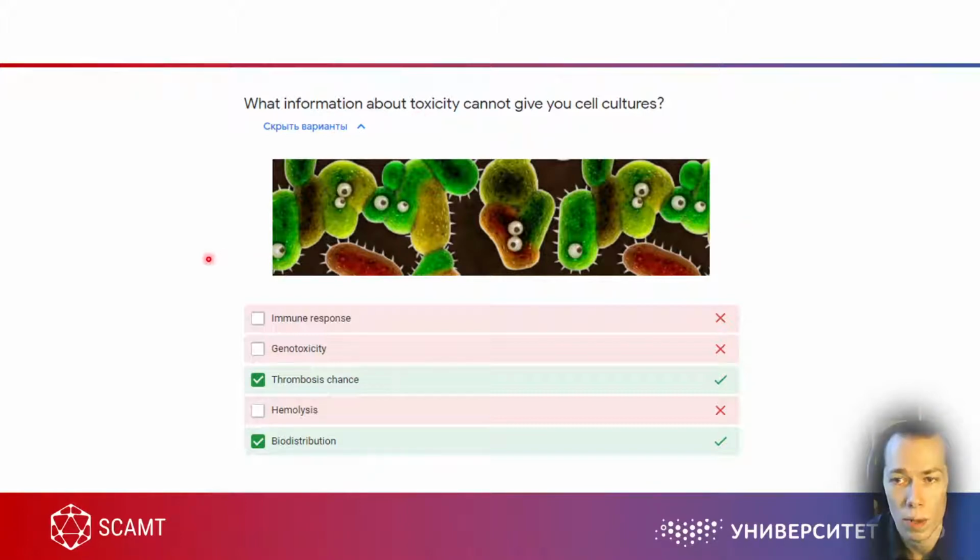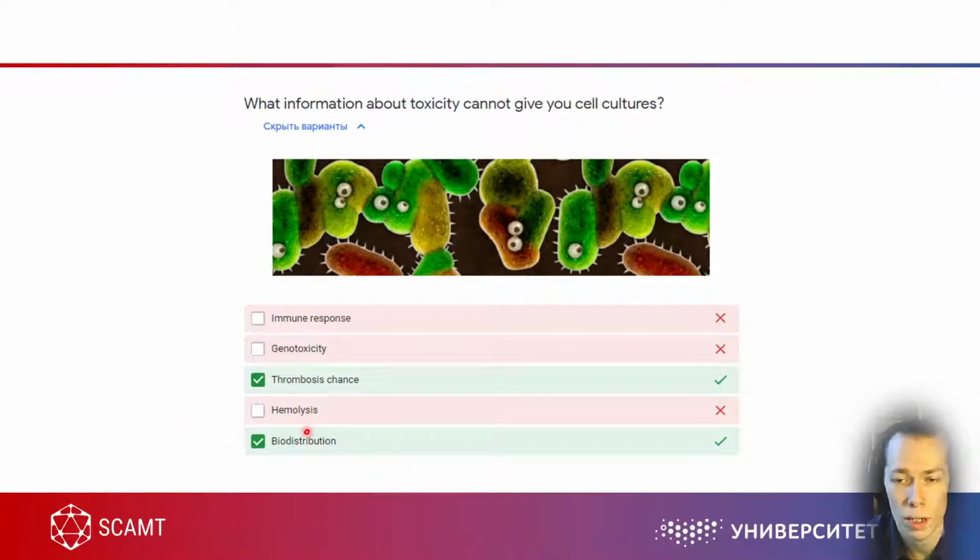So, what information we cannot obtain using cell cultures? We cannot obtain some thrombosis chains because thrombosis is a complex reaction of organism, and we cannot obtain it using just cell cultures. Even if we incubate our nanoparticles with platelets, which in some ways are responsible for formation of thrombosis in organism, it cannot give us actual thrombosis chains in organism.